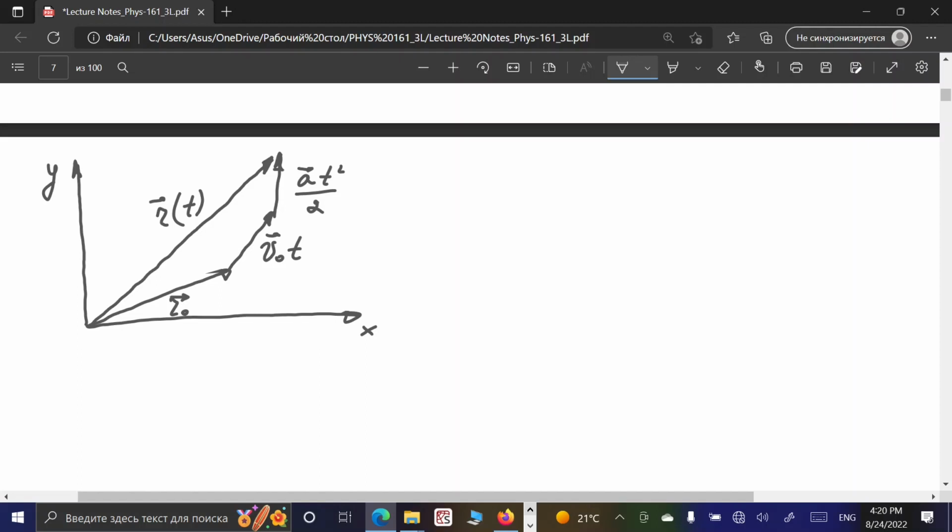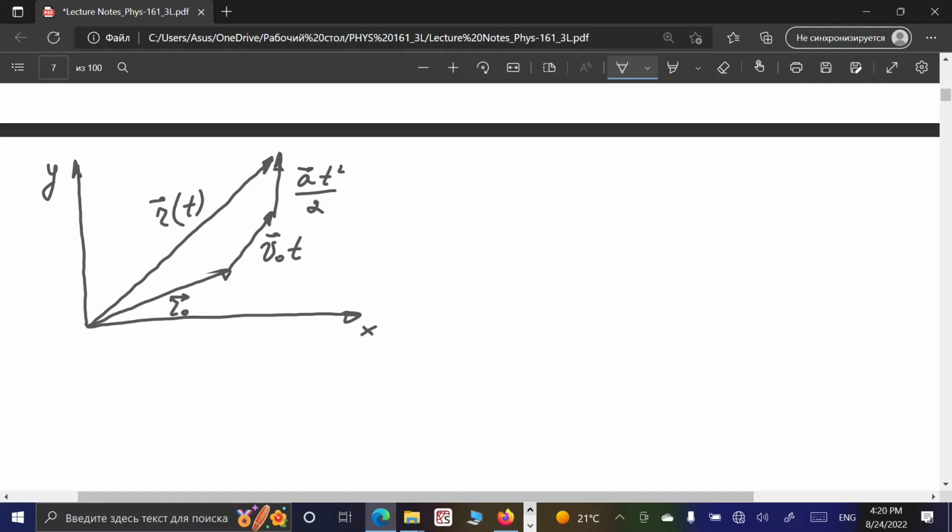So now let us consider some example of motion of an object in 2 dimensions with constant acceleration. So that is so-called projectile motion, when we have a projectile moving with some initial velocity at some angle with respect to axis x, and in that case we have constant acceleration because we neglect any drag force of air.